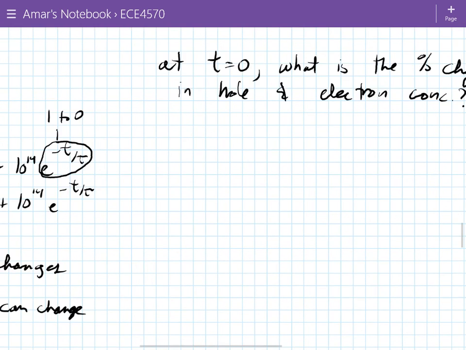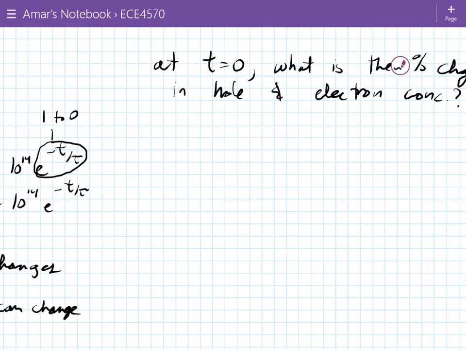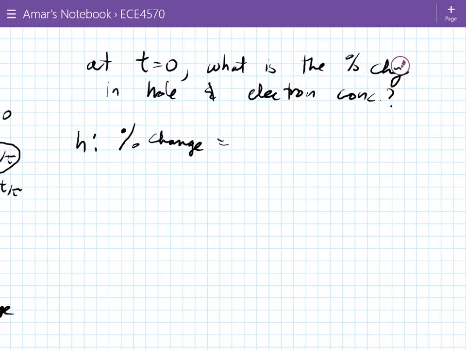So the percentage change for holes will be equal to delta P, the change in hole concentration, divided by the original amount.